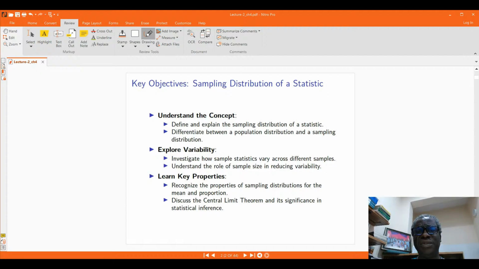Specifically, you should be able to define and explain the sampling distribution of a statistic. You should be able to differentiate between a population distribution and a sampling distribution.